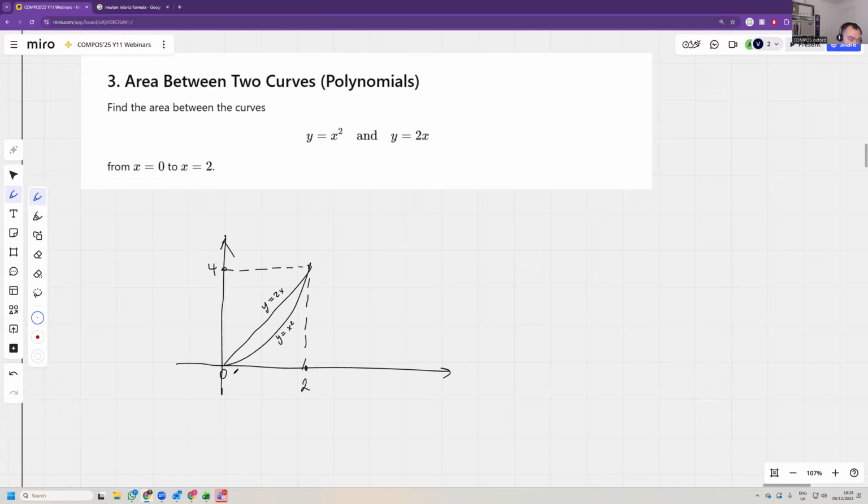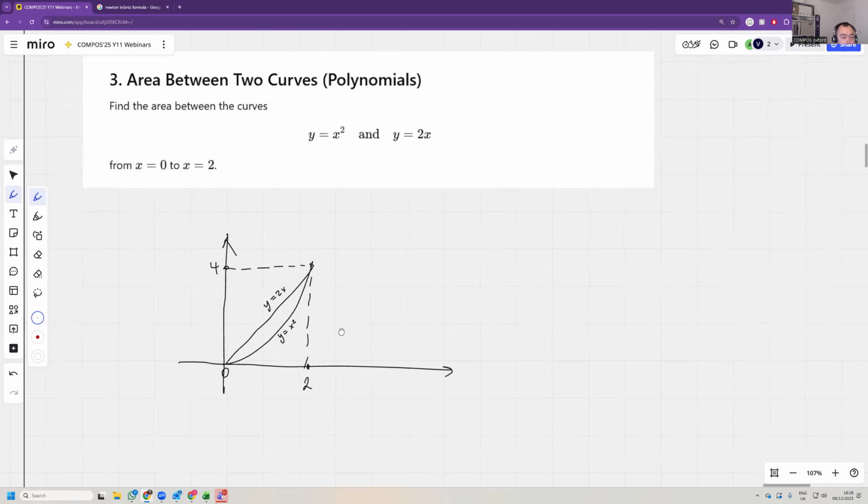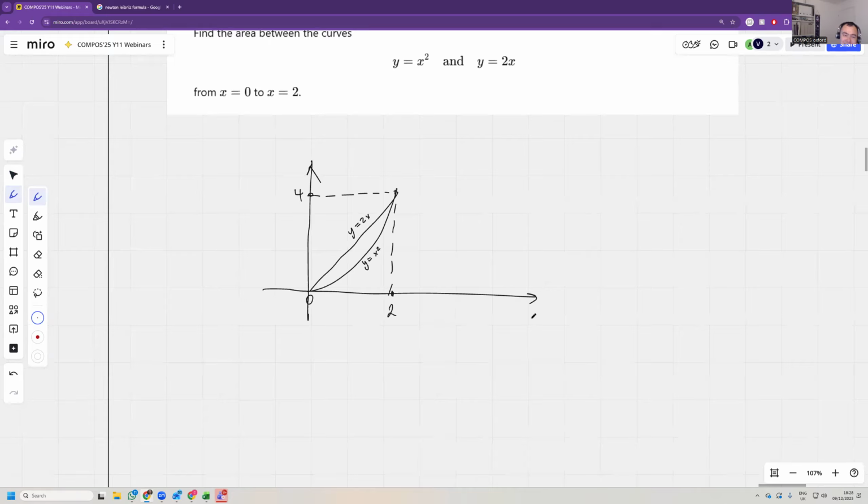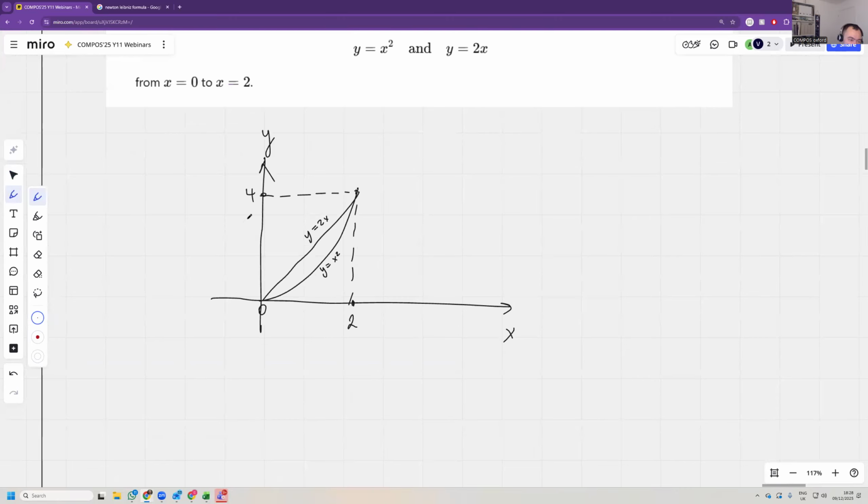Well, there are two ways of doing it. So we need to find this area. We'll start by finding the area under this curve, the orange area.